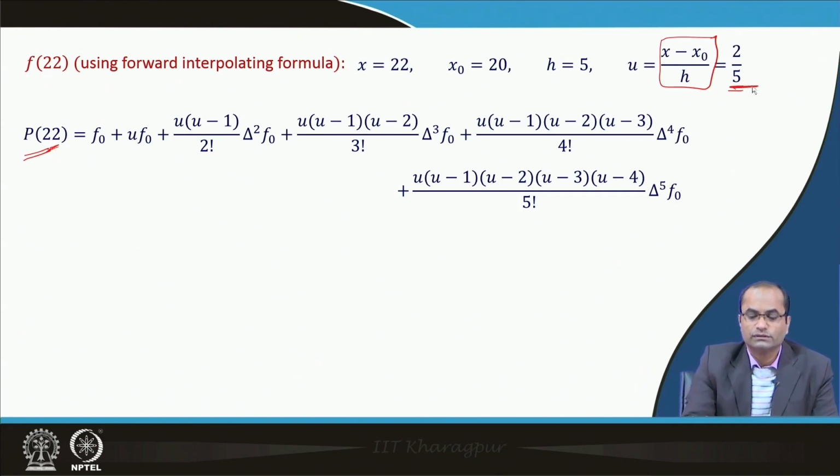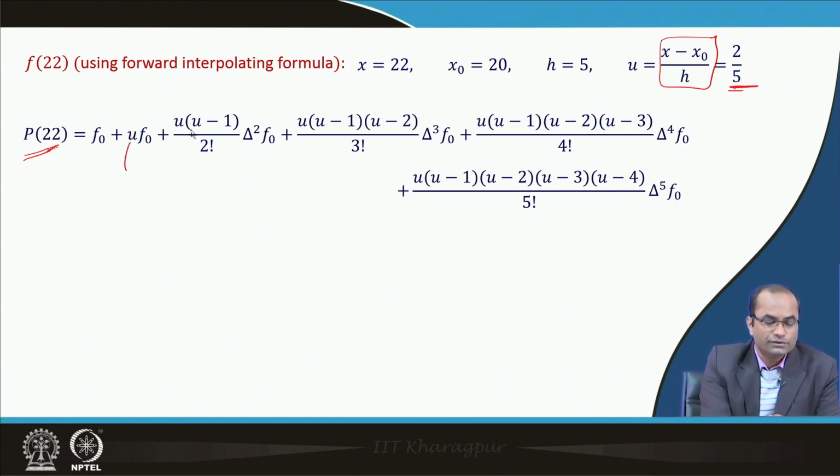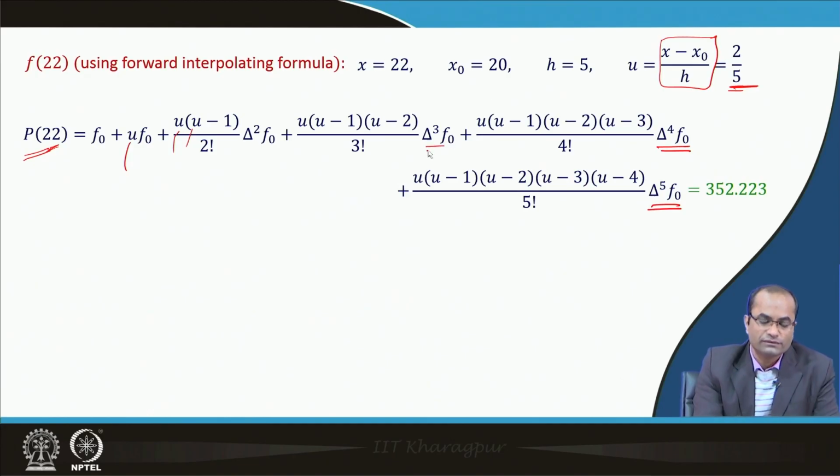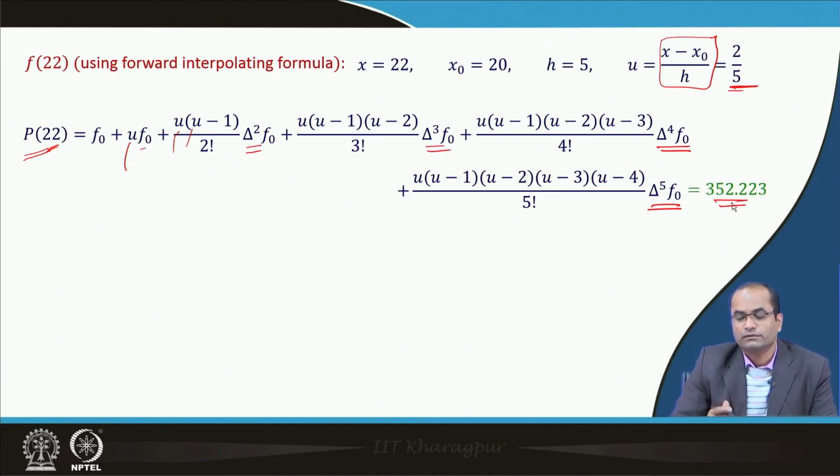So, the u is 2 by 5, we will substitute here for u 2 by 5, and we can use from the difference table all these differences which we have computed, and after calculation we will get this number, which is exactly the value of this interpolating polynomial at 22.